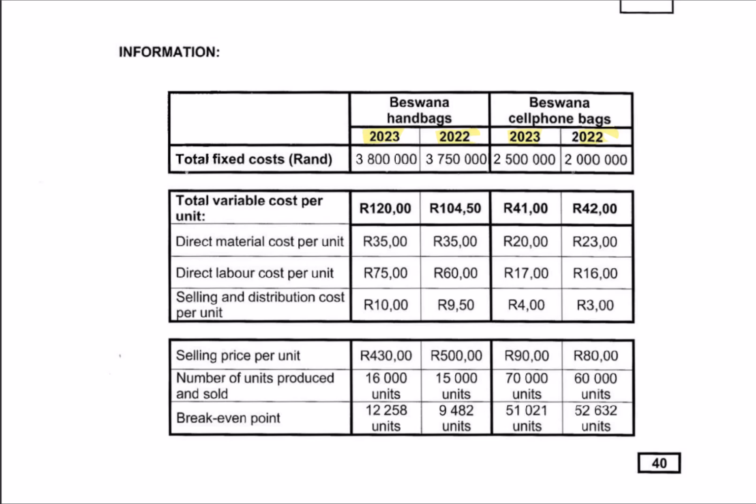We can compare, because we have fixed cost that increased by 50,000, from 3,750,000 to 3,800,000, and we also have selling and distribution that increased by 50 cents, which is a marginal increase. So if you check some of these things, you need to calculate.